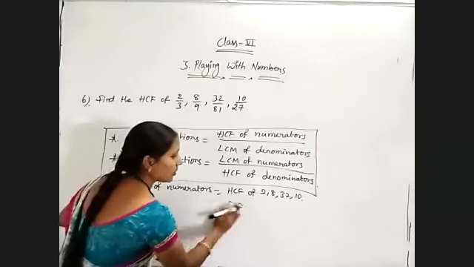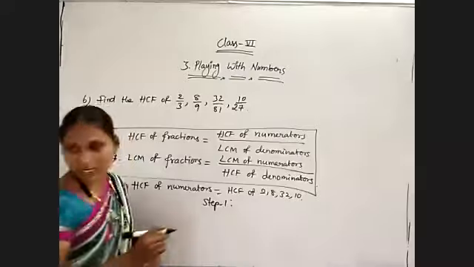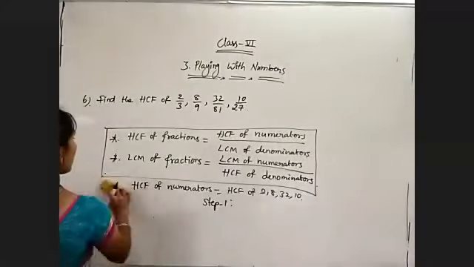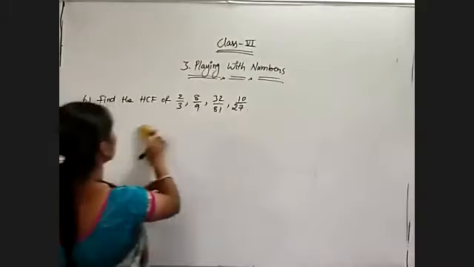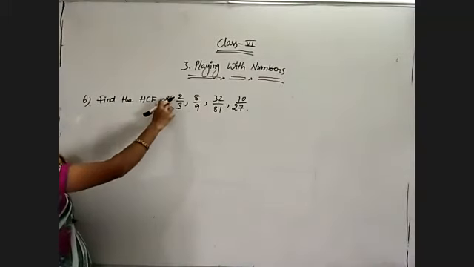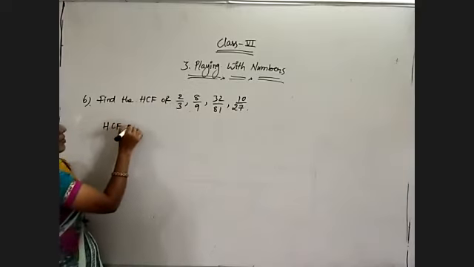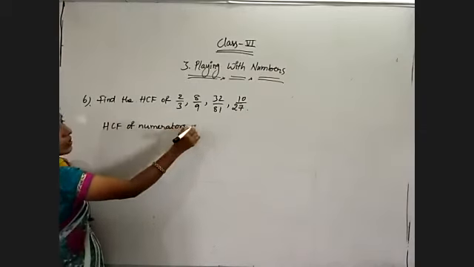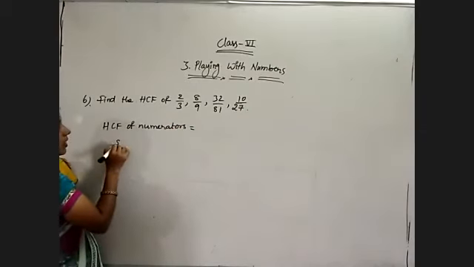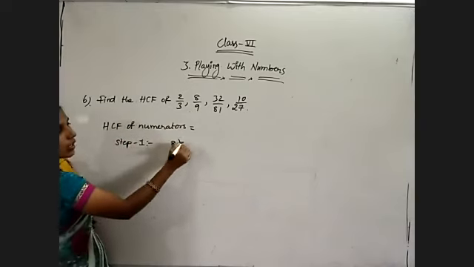We will do step 1. We are finding HCF, and for that we need the HCF of the numerators. Step 1: select any 2 numbers, 8 and 2 I am taking.